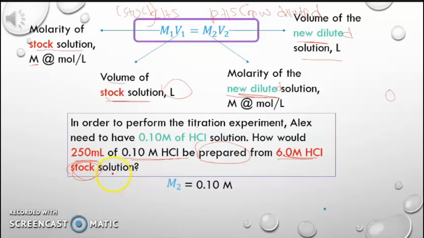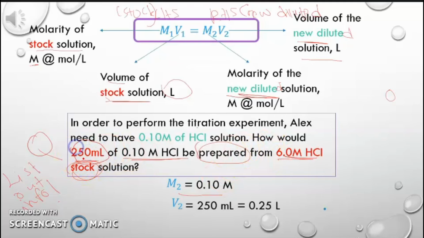The first thing that you need to do when you encounter a question is to list out all the important information. So in this case, we find 0.10 molar of HCl. So 0.10 molar of HCl is the M2, the molarity of the new diluted solution. And then 250 ml is the volume of the final, or the new diluted solution, that we want to find.